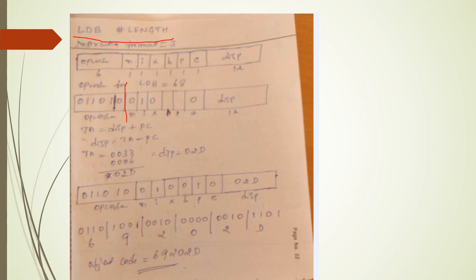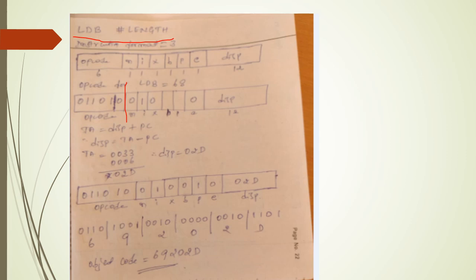And you know the operand is prefixed with a hash, so therefore it is immediate addressing. That's why the n value is 0 and the i value is 1. In the previous case it was neither immediate nor indirect, that's why both n and i were 1. But in this case it is prefixed with a hash, so n is 0, i is 1.